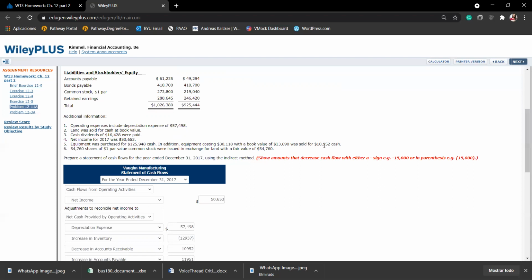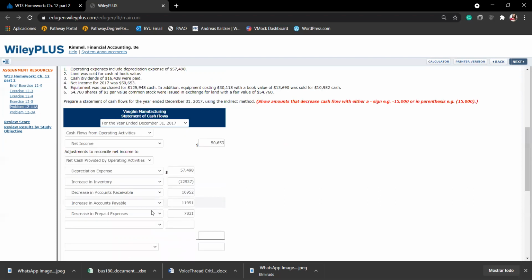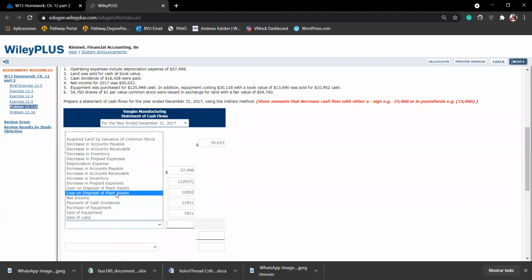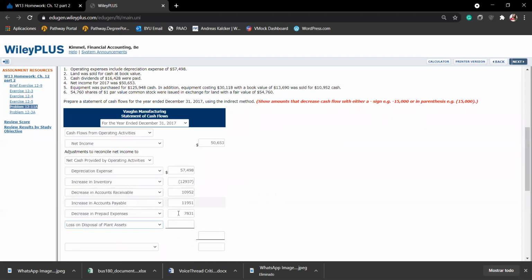So it means that we sold the equipment for a price lower than the book value. So there is a loss there. So we choose here loss on disposal of plant assets. And this amount is 2,738.